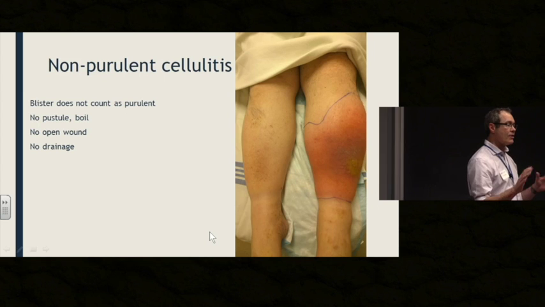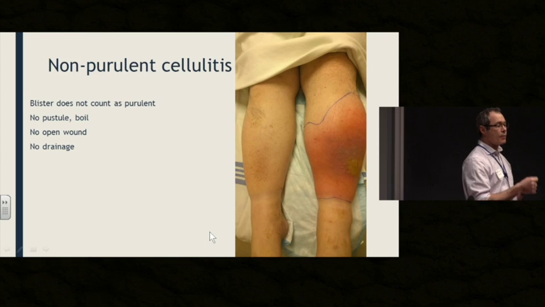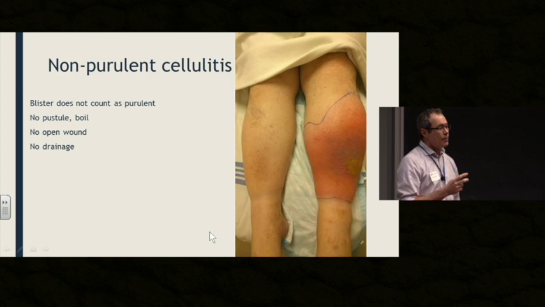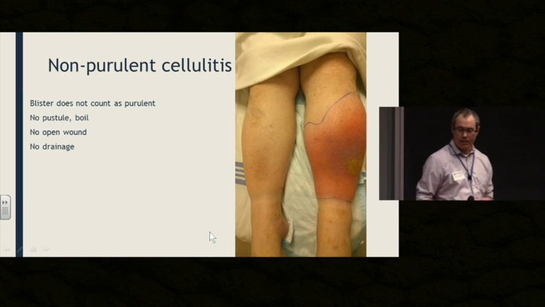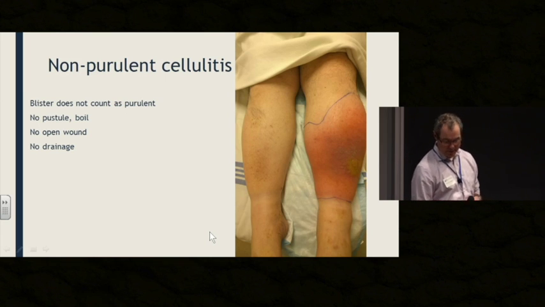With bad cellulitis, you'll often get some desquamation. The skin peels like a sunburn or blisters up and peels, and some of the upper layers of dermis can be damaged. But early on in this infection, this was a non-purulent cellulitis, and the blistering doesn't turn it into a purulent cellulitis. I would still be managing this as a non-purulent cellulitis.